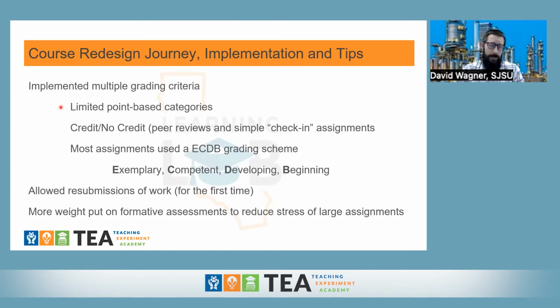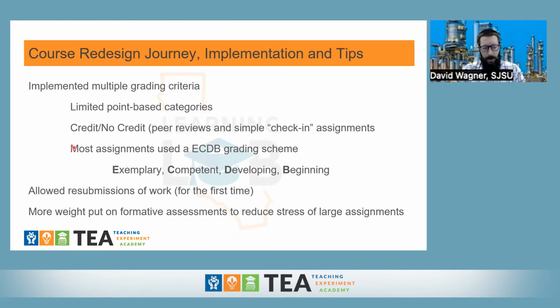I did this last fall in the first section of the class, and I instituted it now for the current section 2. So only exams are really point-based. A lot of things are credit or no credit, like peer reviews and simple check-in assignments that focus on safety and ethics, so this is kind of leading down a correct path or an incorrect path.